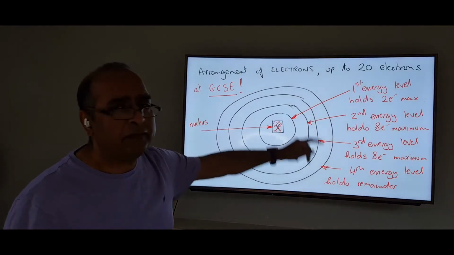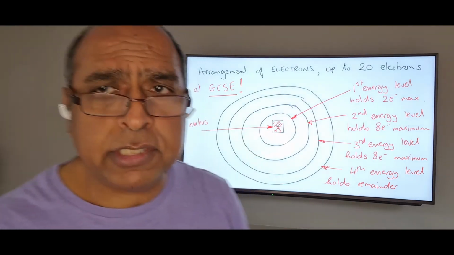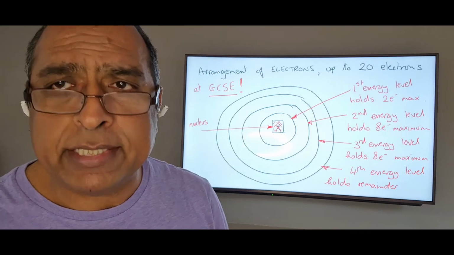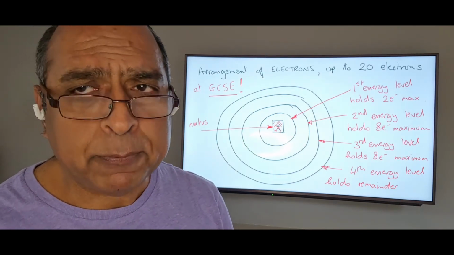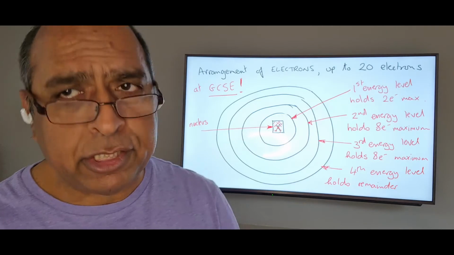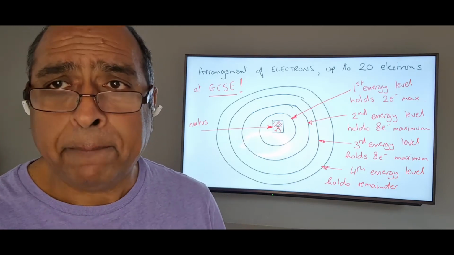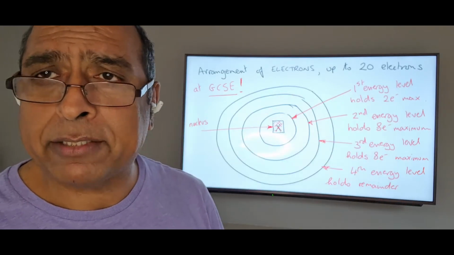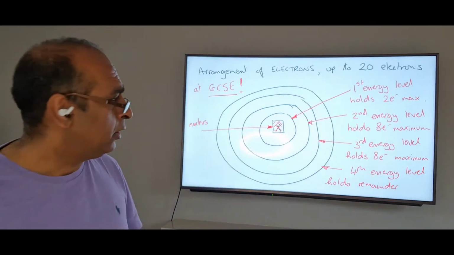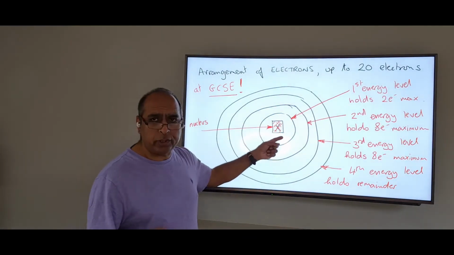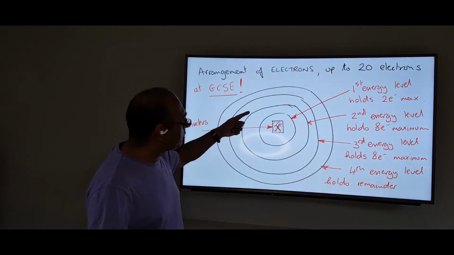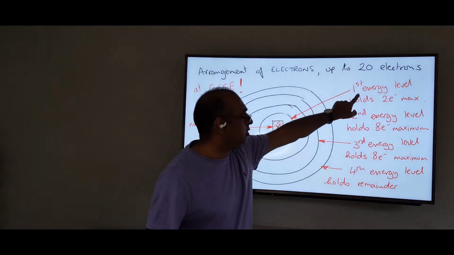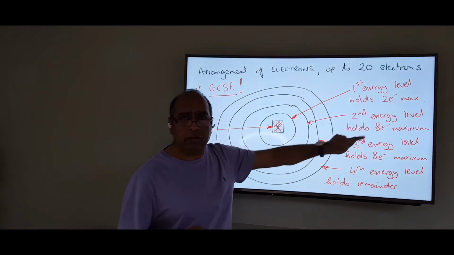So, arrangement of the electrons. Now, your syllabus at GCSE says you've got to be able to do the diagrams up to 20 electrons. That's because after 20, we need to teach you a whole different pattern. But up to 20, this simple pattern works, and I want you to learn it. So, having worked out what's in the nucleus, then the number of electrons up to 20, the first energy level holds 2 electrons maximum.